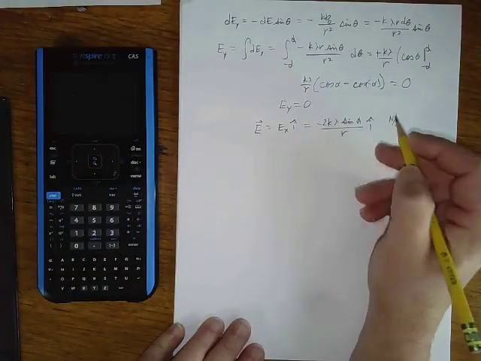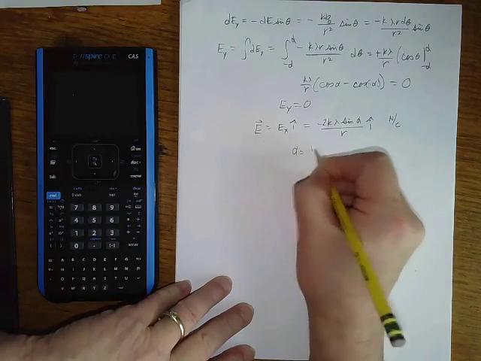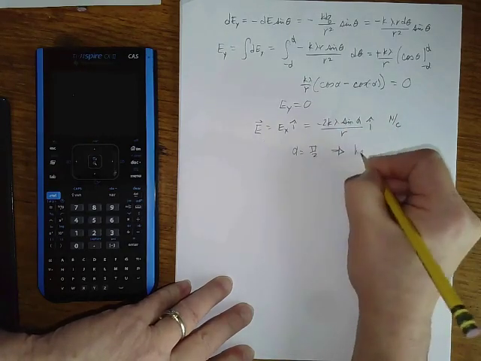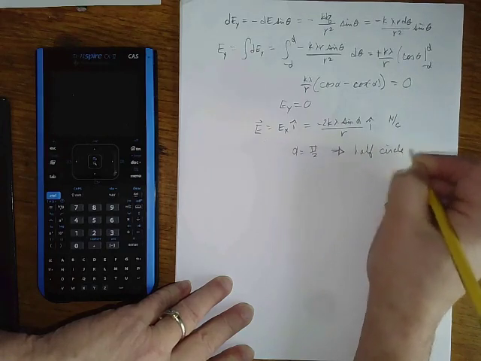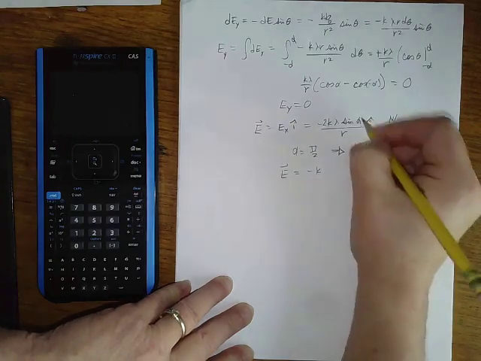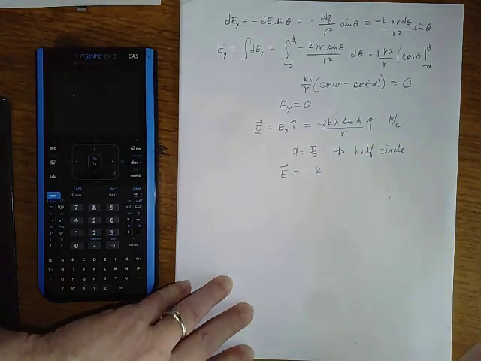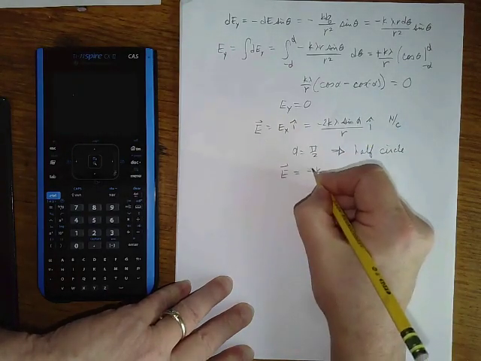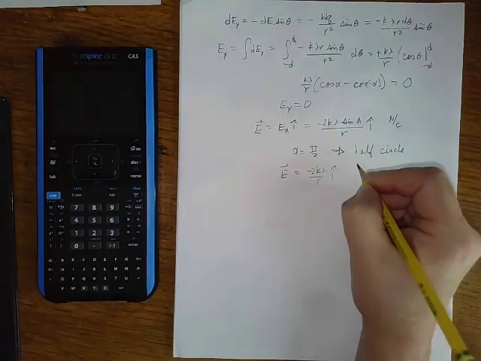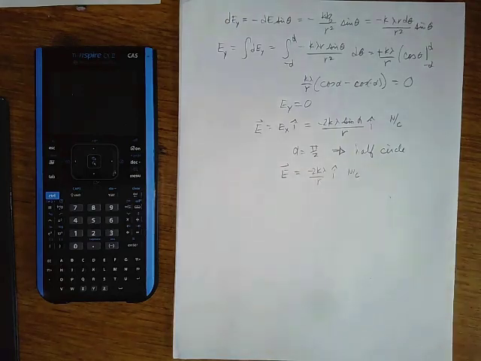So if alpha equals pi over 2, the electric field from the half circle is negative 2k lambda over r i hat. For whatever alpha, we have a general formula here that we could plug it into.